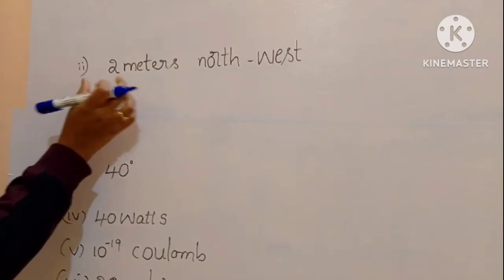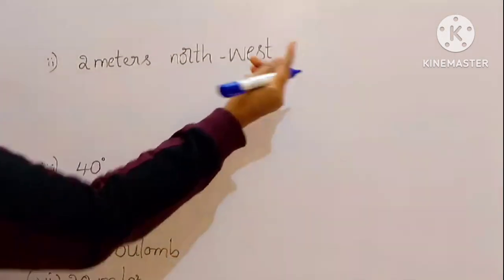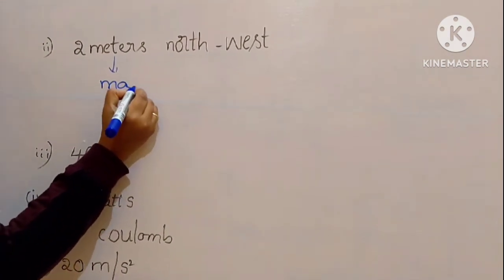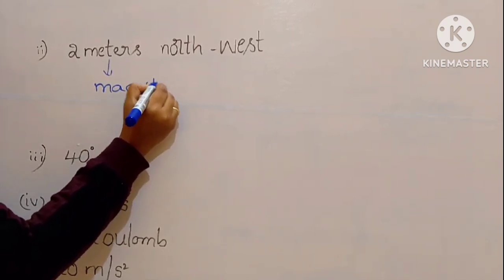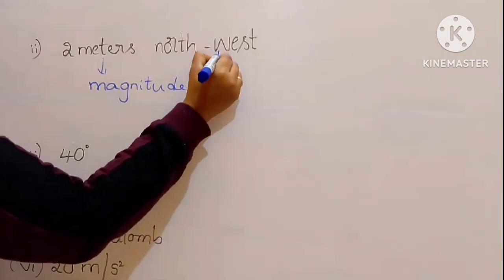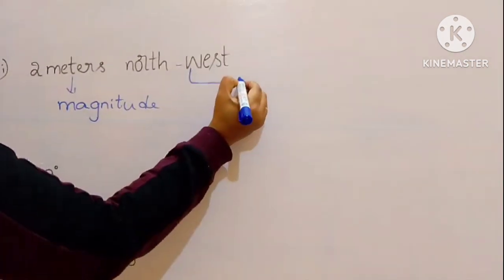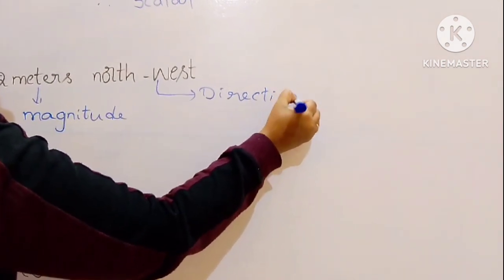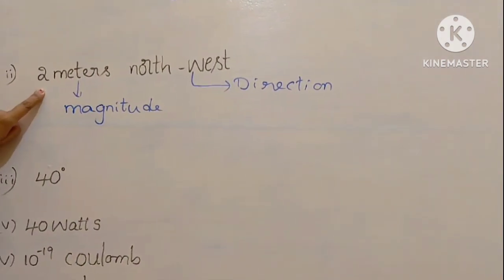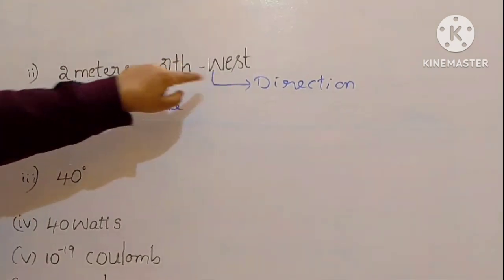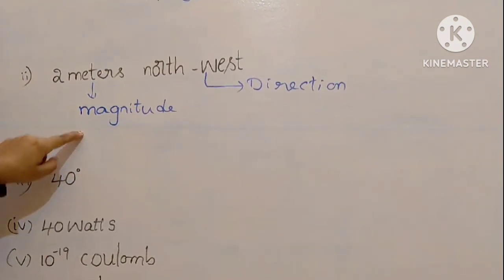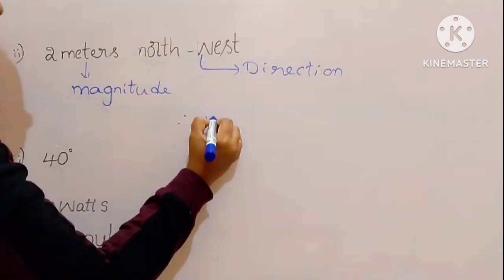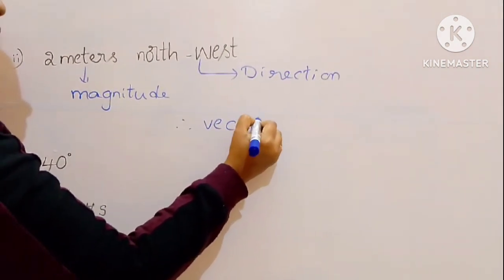The second question is 2 meters north to west. Meters represent magnitude and north to west represents direction. So, this 2 meters north to west is a quantity having both magnitude and direction. Therefore, it is vector.